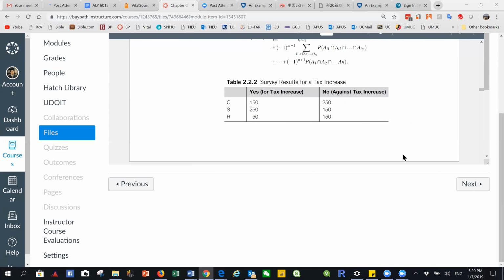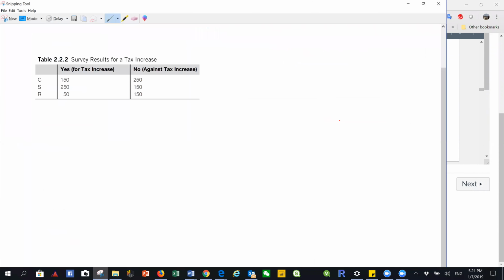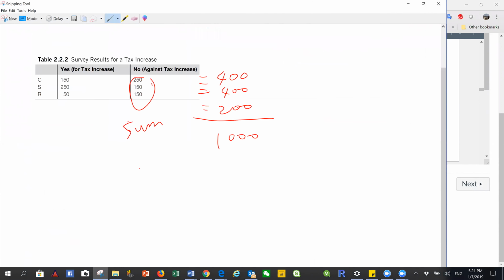So this is like 400, and this is also 400, and it's 200. So altogether is what? 1,000, right? And the sum of them over 1,000 will be the probability of B.